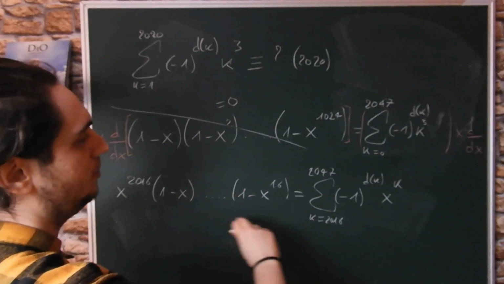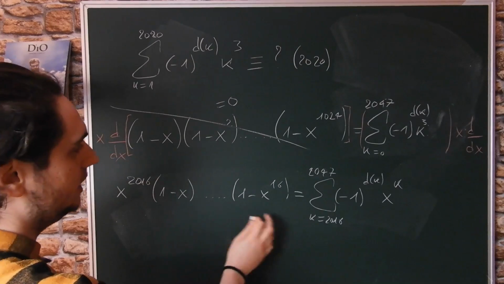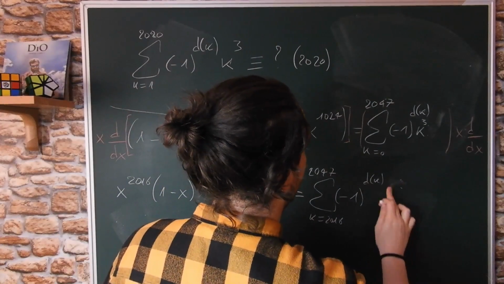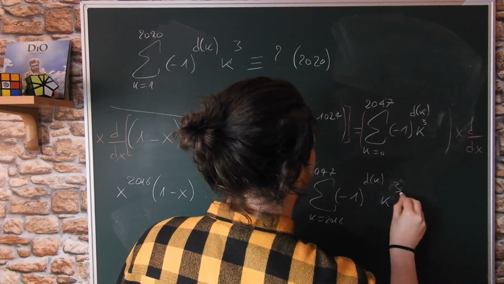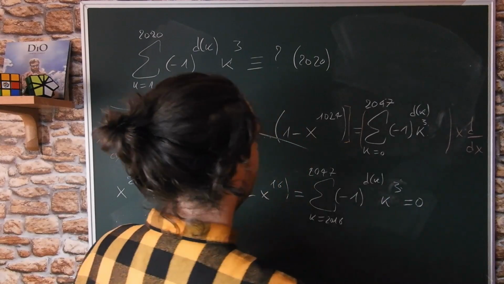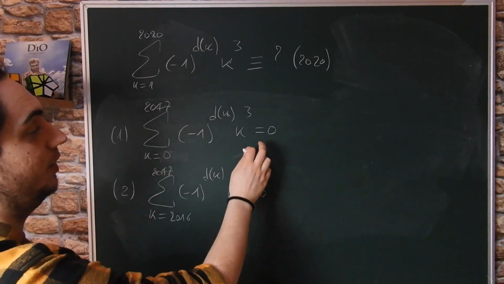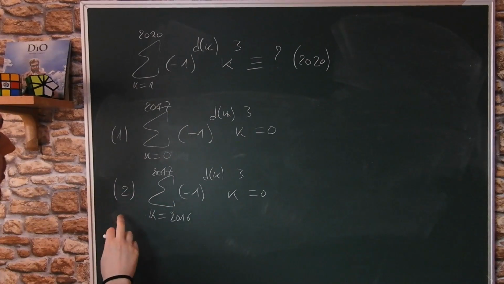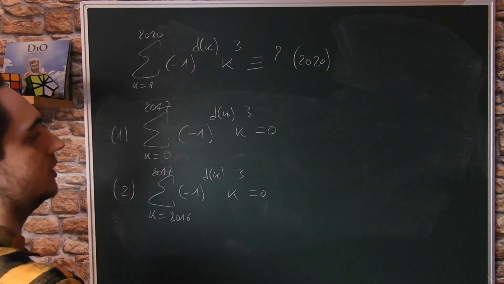So we can do the same game in this expression. If we play exactly the same game, here will be 0. Okay, now we have these two types of identities, and we can subtract, for example, the second from the first.